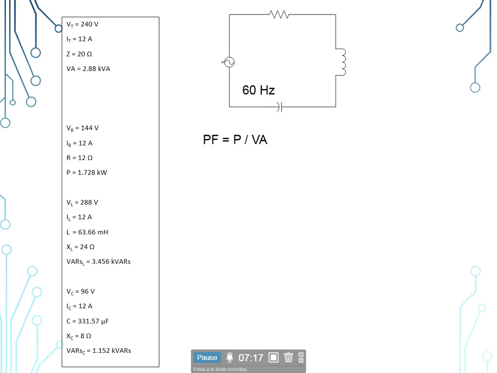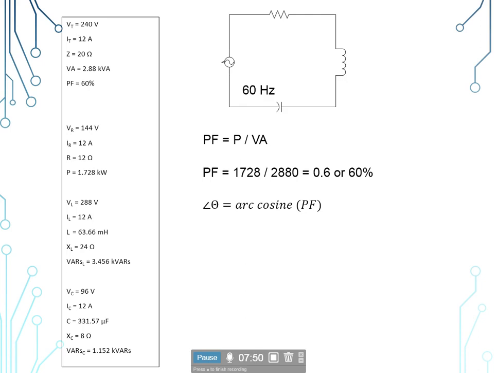So we have a power of 1,728 watts and an apparent power of 2,880 volt-amperes. When we do that division, it'll give us 0.6, or since it's a ratio, a 60% power factor.